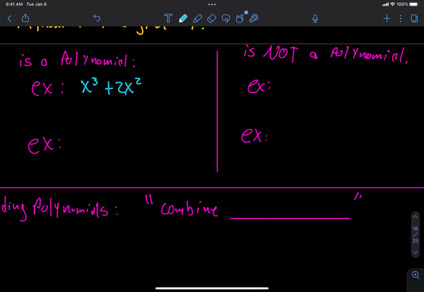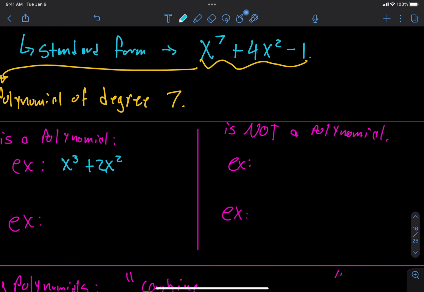Great. Let's have one more from someone else. How about I quiz you? Let's start with 3x to the 1/2 minus 2. Polynomial or not polynomial? Not polynomial.